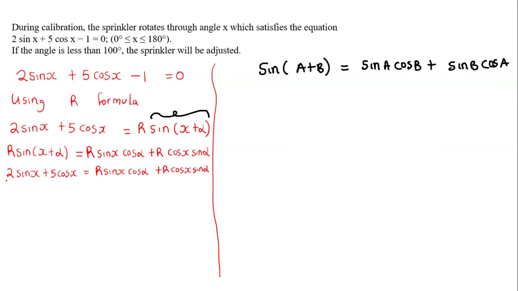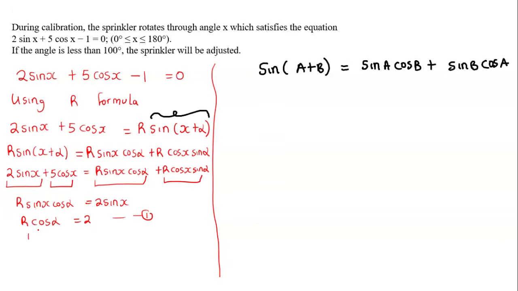So you compare your sine with the sines on this side. Meaning that your r sine of x cos of alpha can be compared to 2 sine of x. So sine and sine can cancel, meaning that your r cos of alpha is equal to 2. This is your first equation. Then also compare this to that.